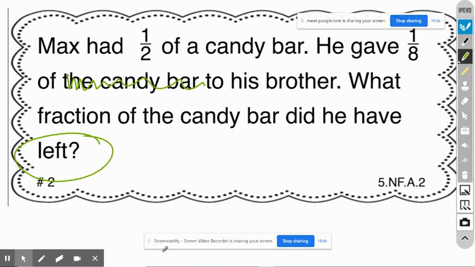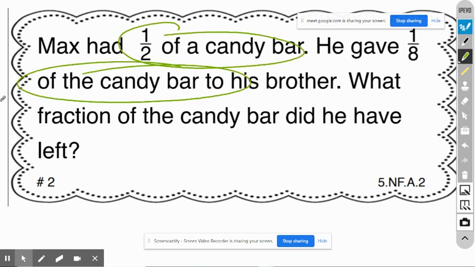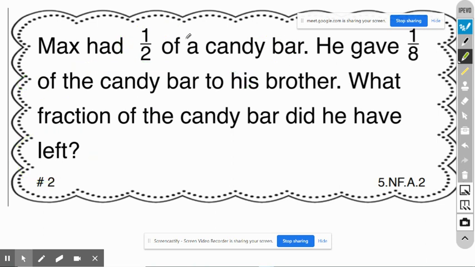I know I have quite a few of this type for you to notice the difference. So let's see if you can pick this next one. So one more time: if the wording is the same, you're subtracting. And also look at this part here. If the wording is not the same, and in the question it says he gave 1/8 of it, guess what the question would say?